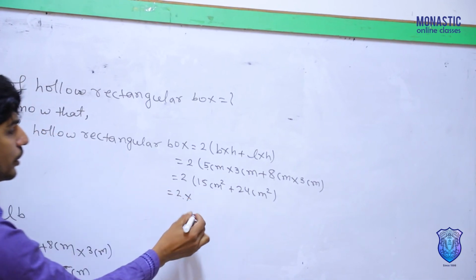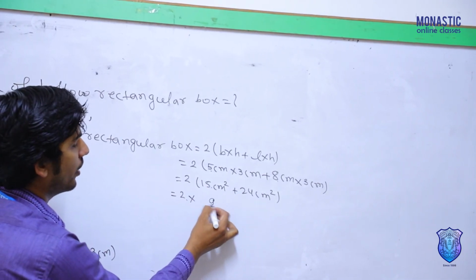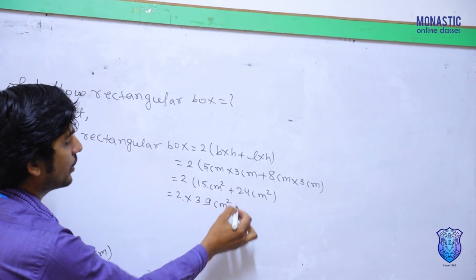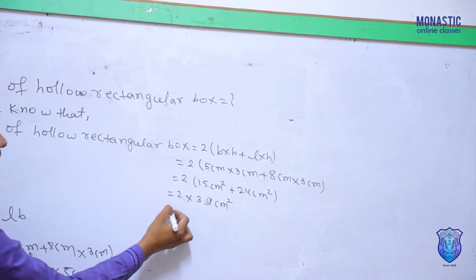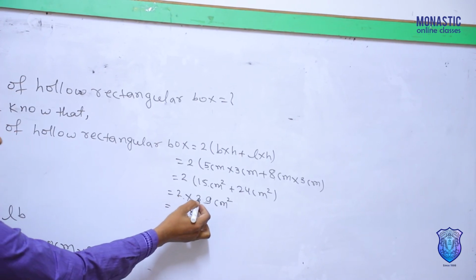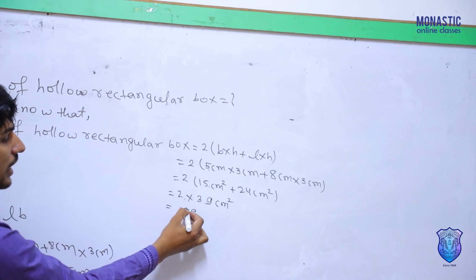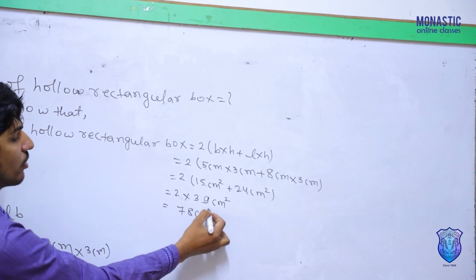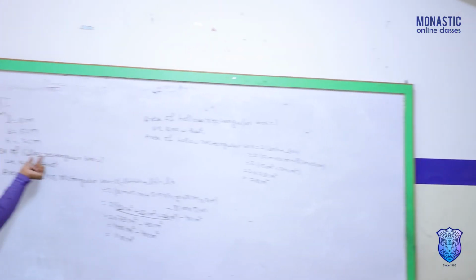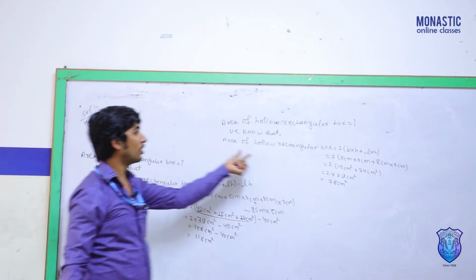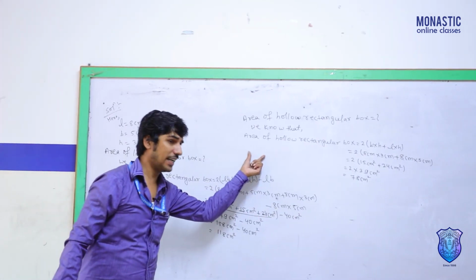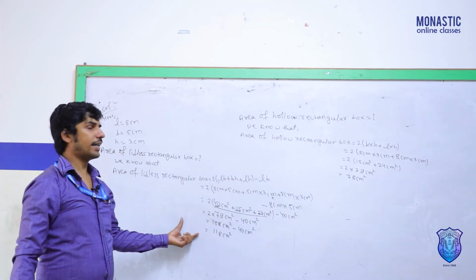See, 2 into 5 plus 4, 9, 2 plus 1, 3, 39 square cm. Multiply both, how much? The 9 2s are 18, 2 3s are 6, carry 1 of 7, 78 square cm. So like this, whether lidless rectangular box or hollow rectangular box, if you have to find its area, like this you can find it.